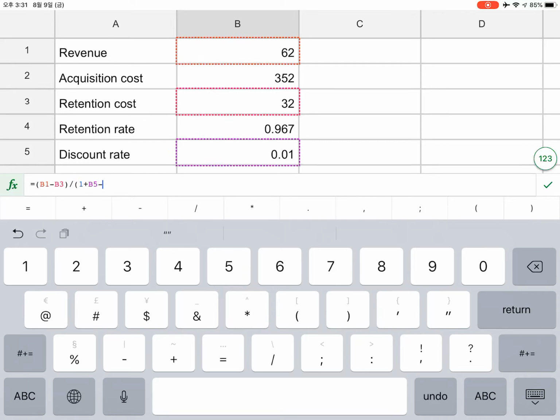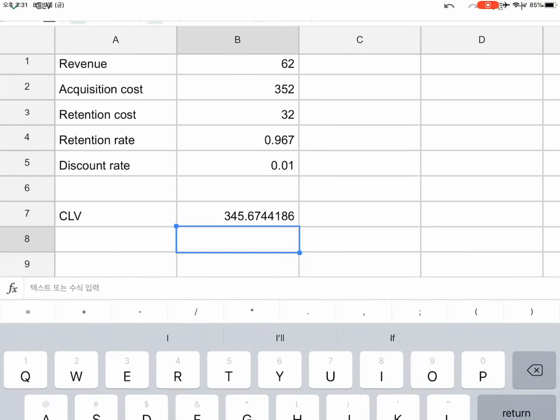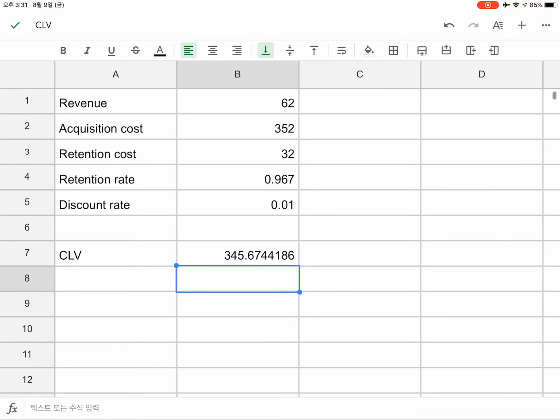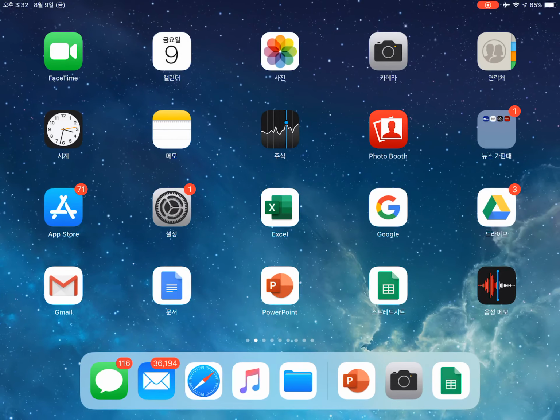This is a whole bunch of future profit as a net present value, so minus the cost of acquisition at the first time. Voila! You can calculate the average lifetime value of this company in this manner. So you come up with 346 over their lifetime on average, based on the current performance of this company.